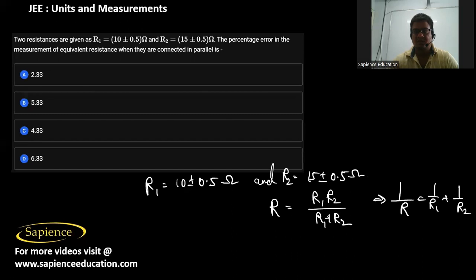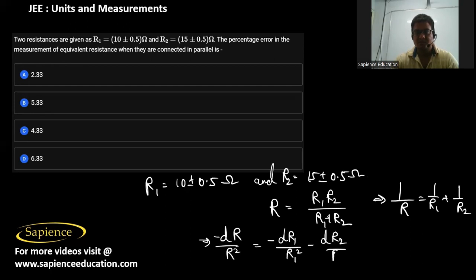So if we differentiate both sides, then we get minus 1 by r square into dr, that is minus dr by r square, equals minus dr1 by r1 square minus dr2 by r2 square.